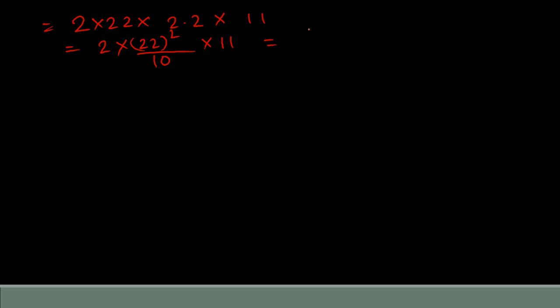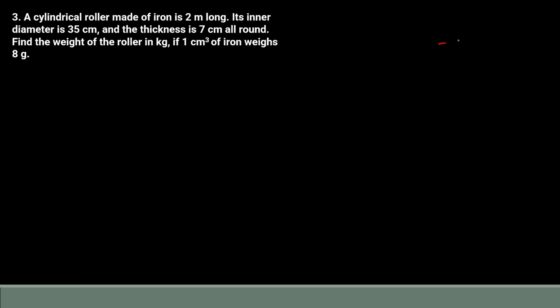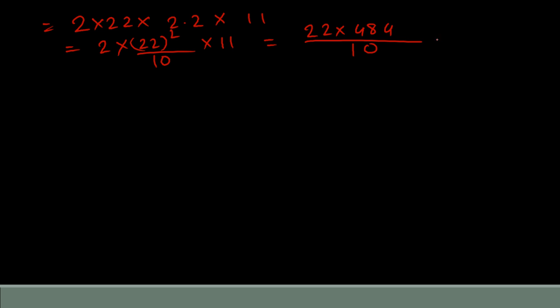So this is 22 times 484, right, divided by 10. So if we do the calculation, which I just did right now, you will get this as 1064.8 centimeters square. So this will be your outer curved surface area. Okay.